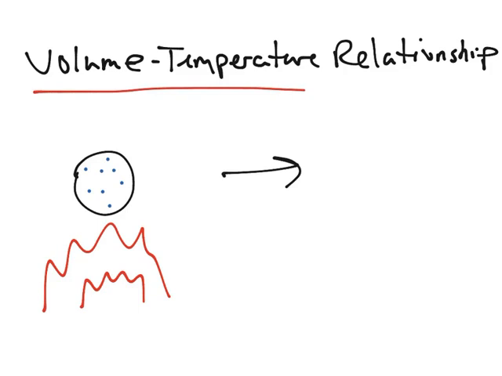So in order to maintain that pressure, the volume of this balloon has to expand. We have the same amount of gas, but because they've heated up, they have more kinetic energy, the particles are able to spread out further, which means the volume will increase.